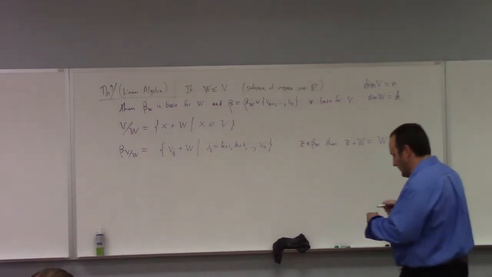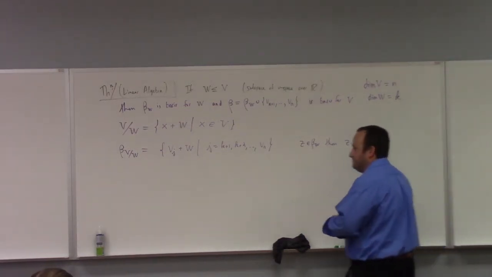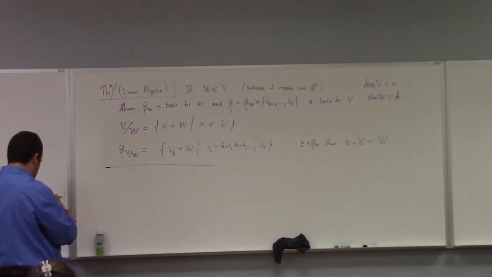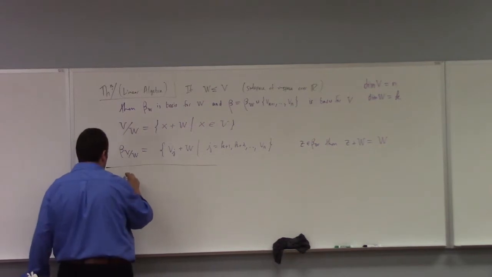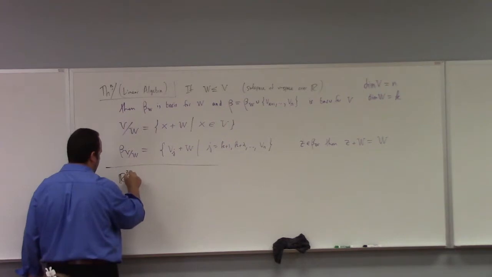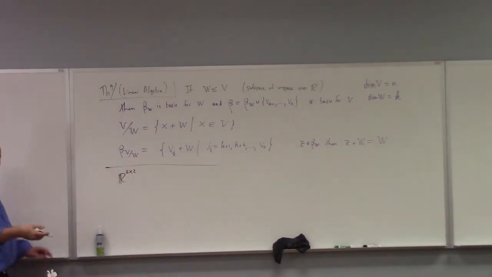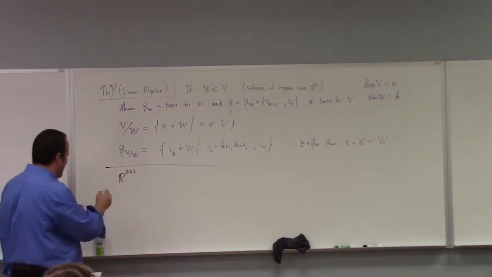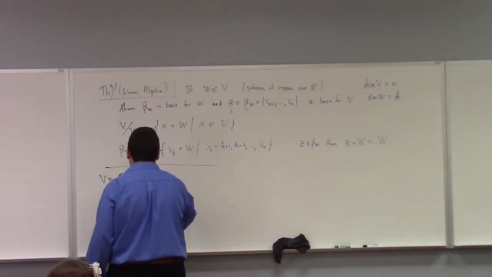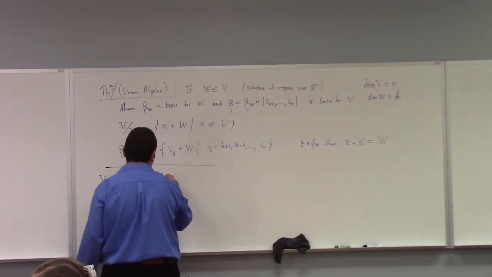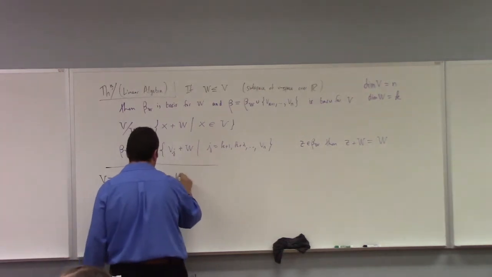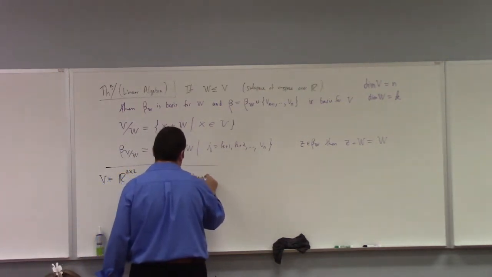Of course, you could also just work this out for a specific example, right? Let's work on a 2 by 2 example. I think I gave you guys 3 by 3, so it's completely different. If we're working with V equals R 2 by 2, and let's suppose W is the kernel of the trace.